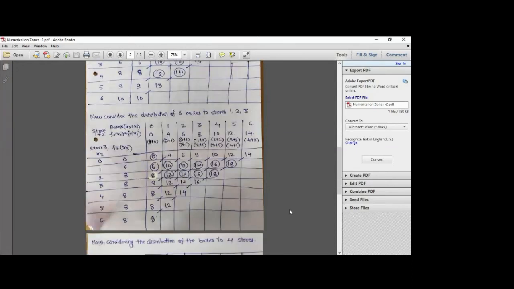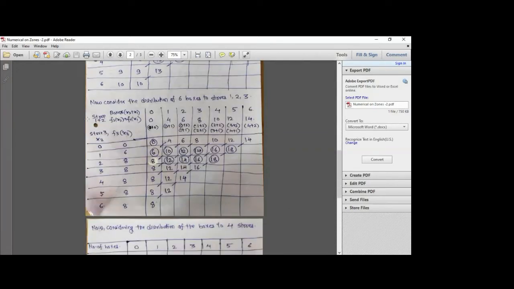Now we are going to consider store 1, store 2 and store 3 in combination. Again for 0 crates, it will be 0 plus 0, and that comes out to be 0. For the different combinations, you can put in the values.